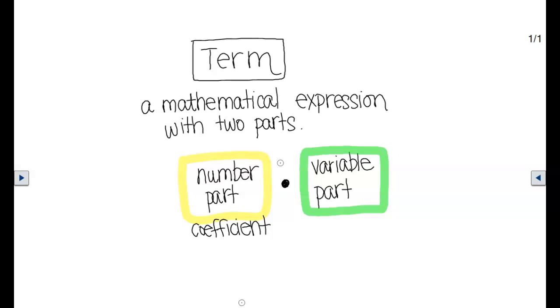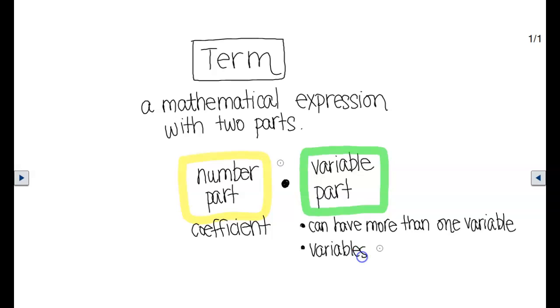Now, the variable part of the term we need to talk about as well. You all know what variables are. The variable part of a term can have more than one variable. In the variable part of the term, the variables can have exponents.